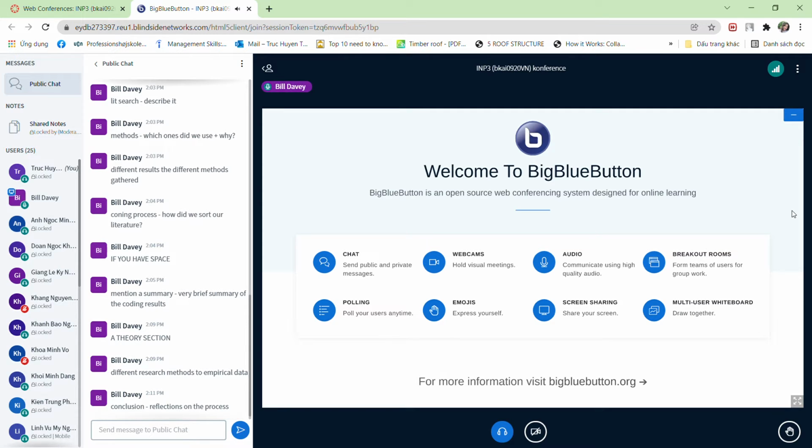I can't click on the share button. I don't know why not. This is going to be really irritating. Ah, there we go. Got it.